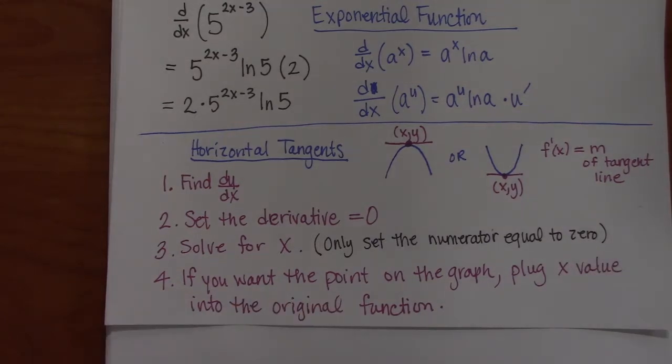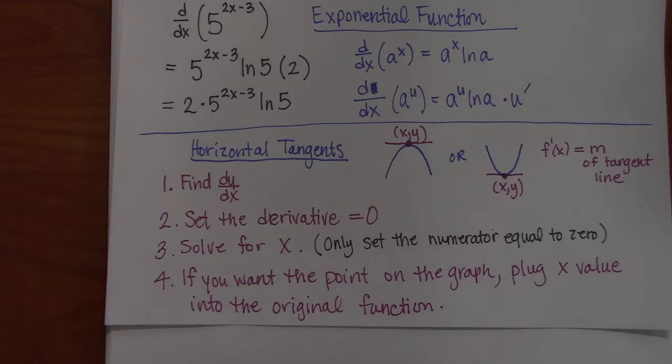So if your derivative turned out to be a fraction, like the implicit problem we did just a minute ago, where we had square root of y over square root of x, well, that fraction is only 0 when the numerator is 0. We saw that when we did limits. If you got a 0 in the numerator and a constant in the denominator, then the limit was 0. We got into trouble when we had 0 over 0, or we had 0 in the denominator. We had to do further investigation. But if the numerator is 0 and the denominator is 5, it's 0.